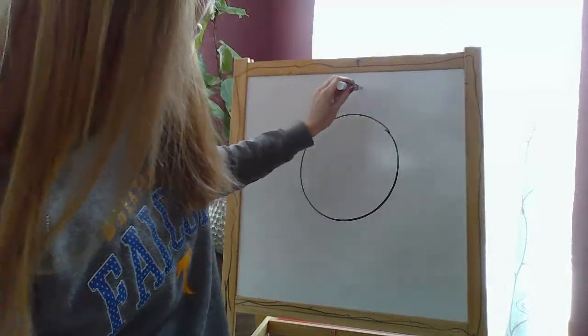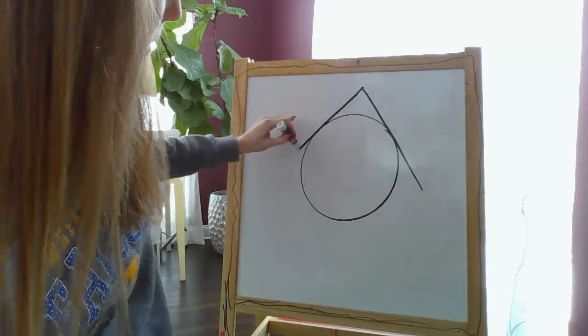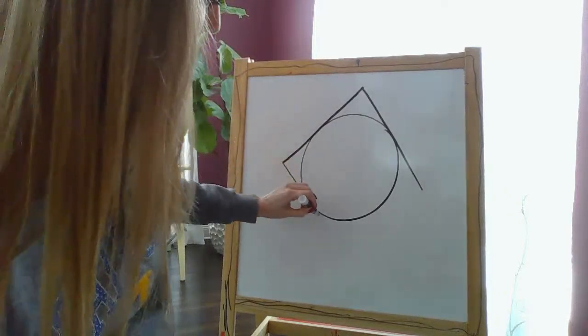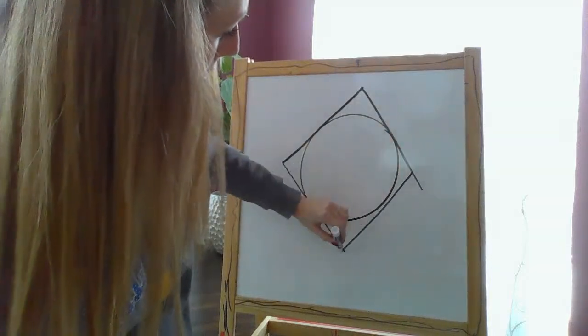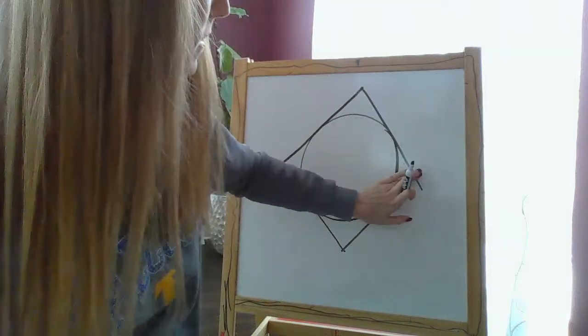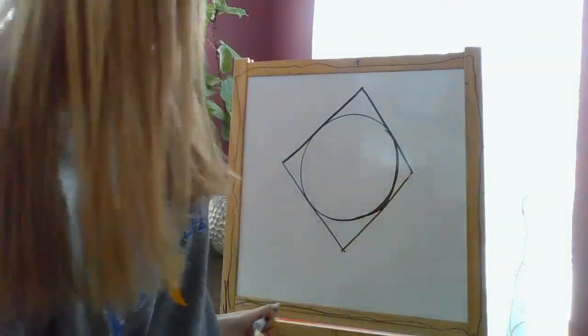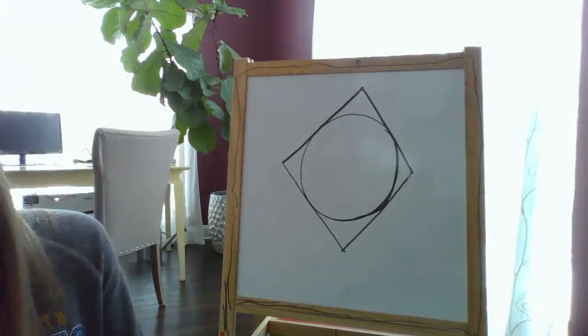Okay, so a walk around problem is where you have a bunch of tangents. Okay, so I can give us some numbers here.